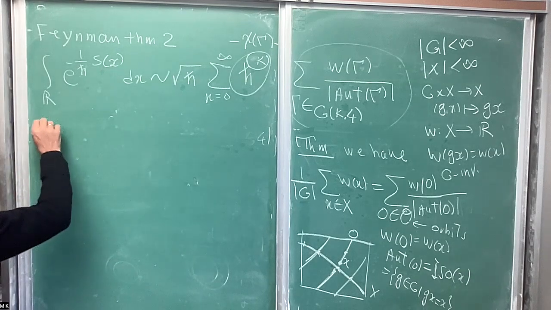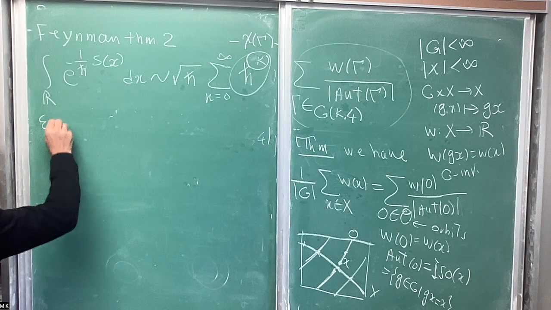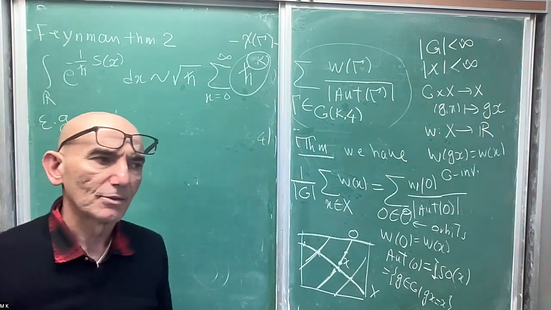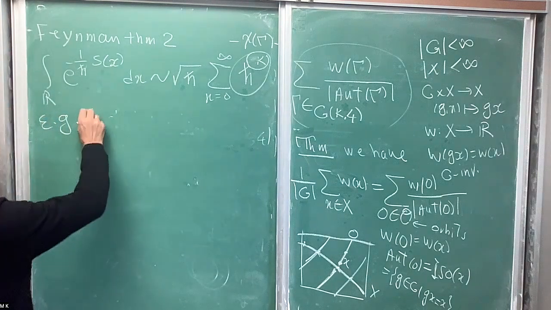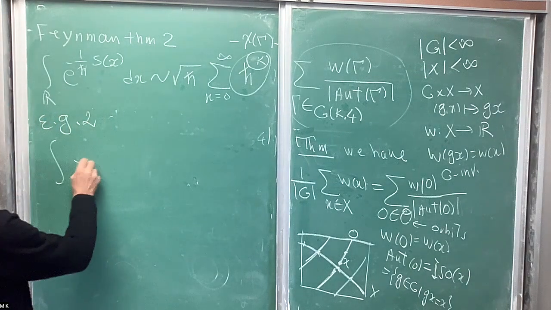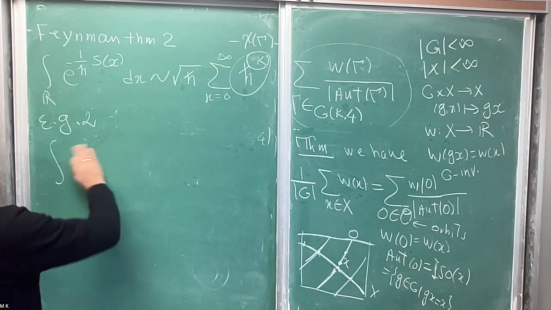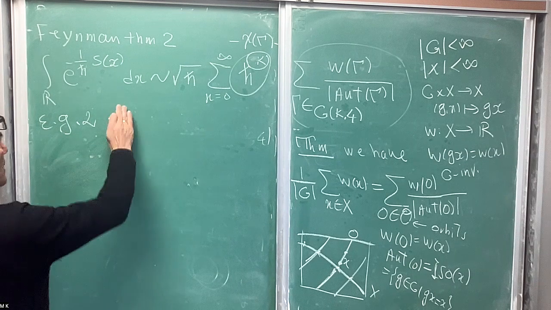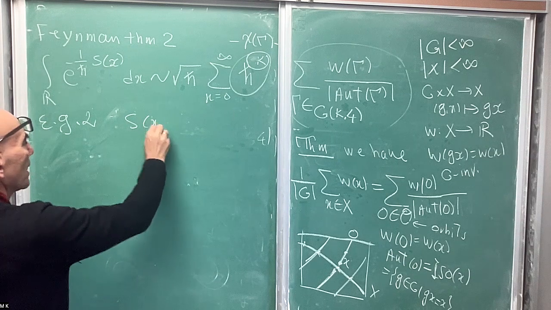So far we just looked at one example. Now let's look at example 2, the asymptotic expansion for something like this.